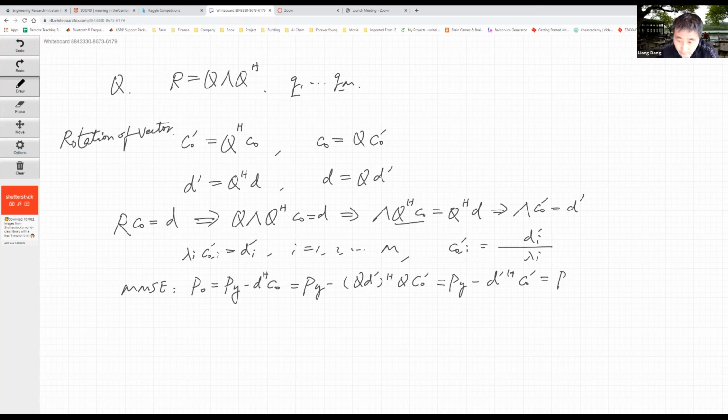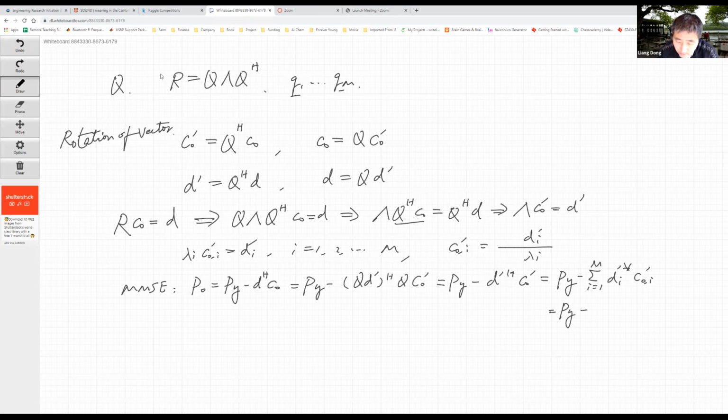That is Py subtract the sum over i from 1 to m of di prime conjugate, since it's one element, times C0i prime.